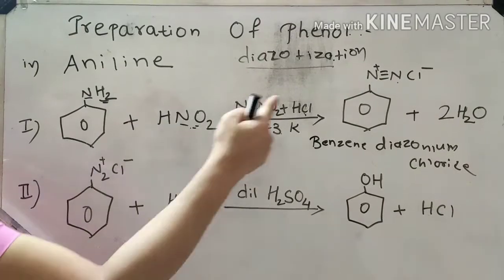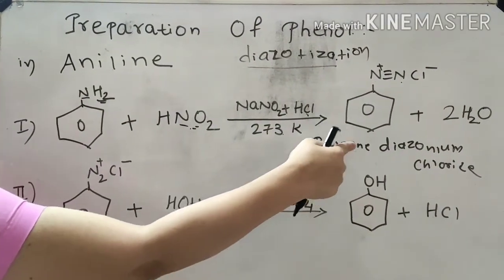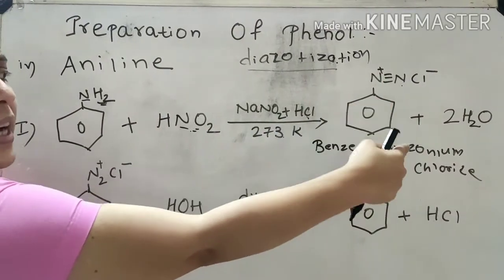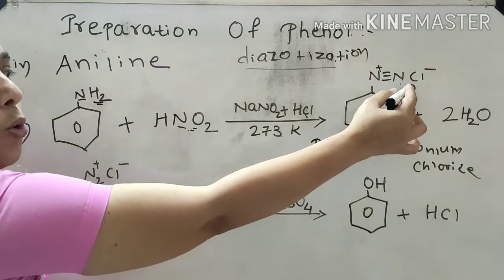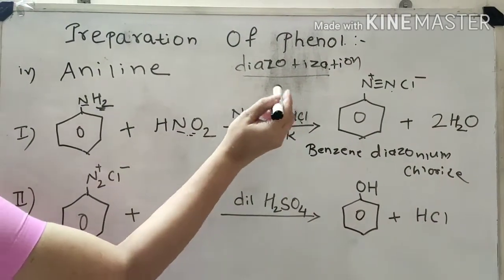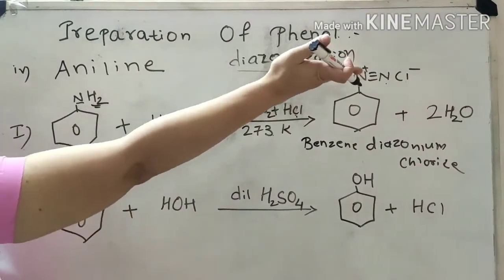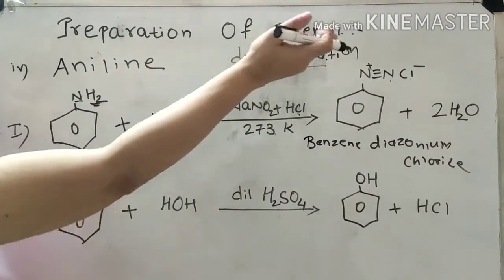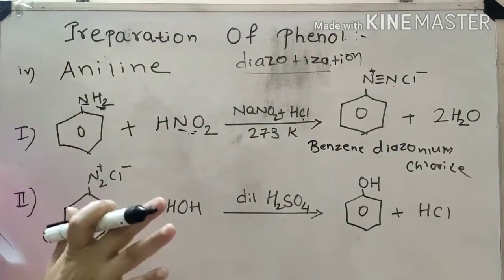In the first step we get, as you see here, benzene because it's a benzene ring, diazonium because the two nitrogens are there, and chloride, it means the chlorine group is there. So in step number one, again in cold conditions, it forms the two nitrogens, that is a diazo. So this process is known as diazotization.